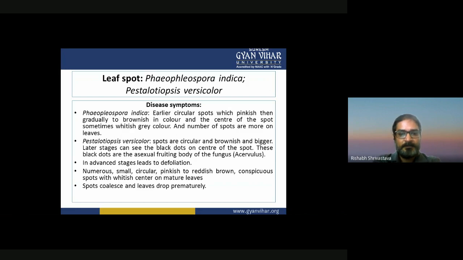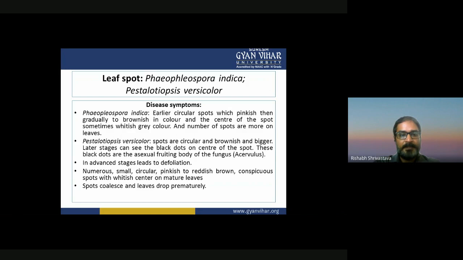Colletotrichum versicolor: spots are circular, brownish, and bigger. In later stages, black dots can be seen on the center of the spots. These black dots are the asexual fruiting bodies of the fungus, acervuli.